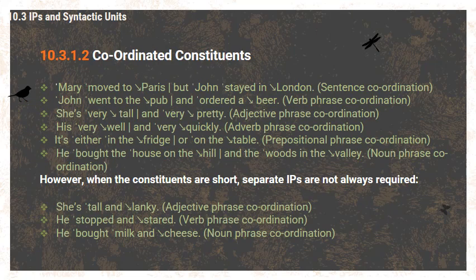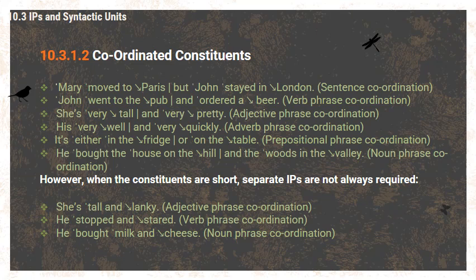Coordinate constituents. For sentence coordination, the example, Mary moved to Paris, but John stayed in London. For verb phrase coordination, the example, John went to the pub and ordered a beer. For adjective phrase coordination, the example, she is very tall and very pretty.